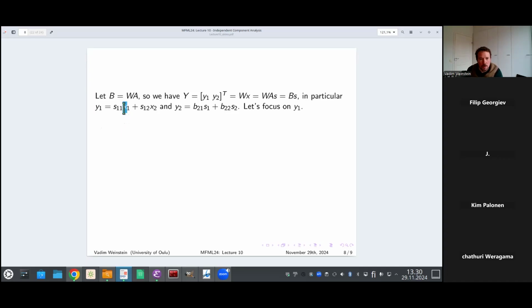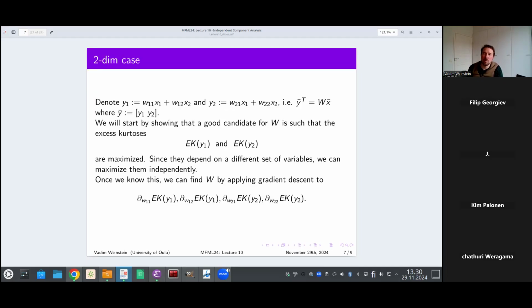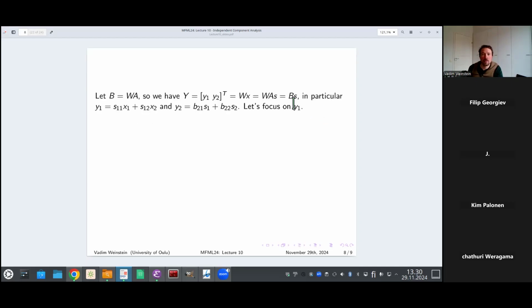This is supposed to be B. Anyway, this is correct. Because as we saw here, our Y is just this Wx, and because we just defined that Bs is like this, so Y is like that.